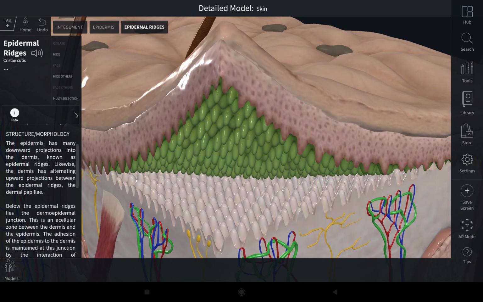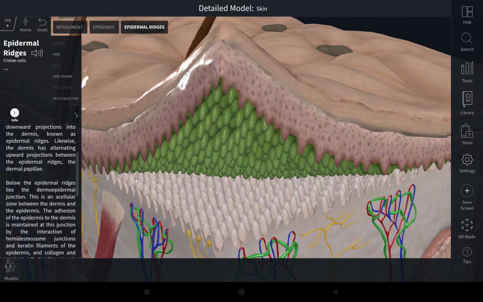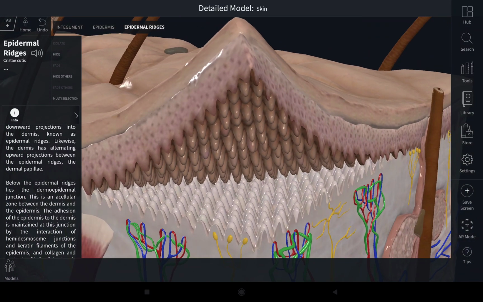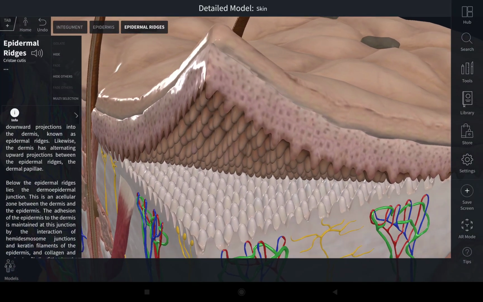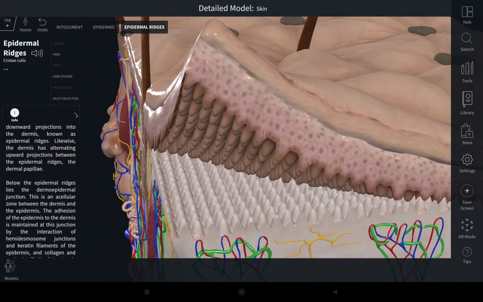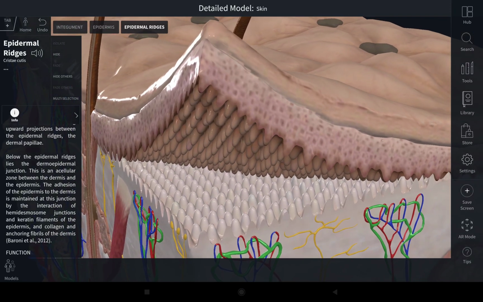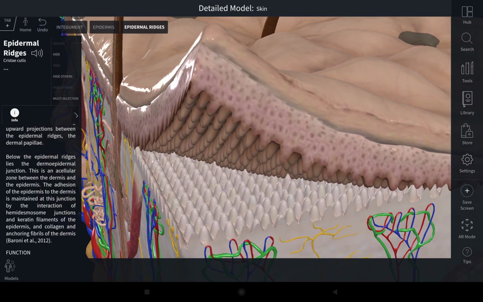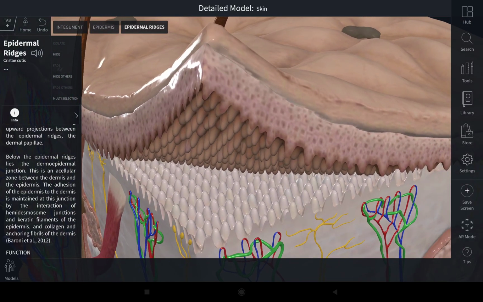Below the epidermal ridges lies the dermoepidermal junction. This is an acellular zone between the dermis and the epidermis. The adhesion of the epidermis to the dermis is maintained at this junction by the interaction of hemidesmosome junctions and keratin filaments of the epidermis and collagen and anchoring fibrils of the dermis.